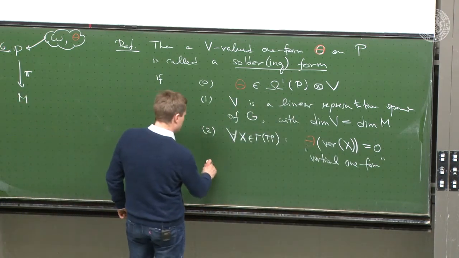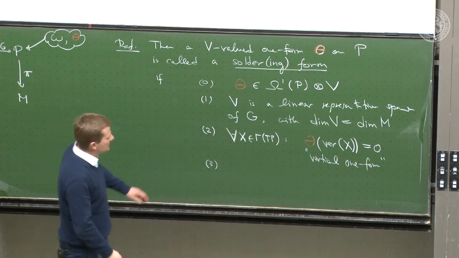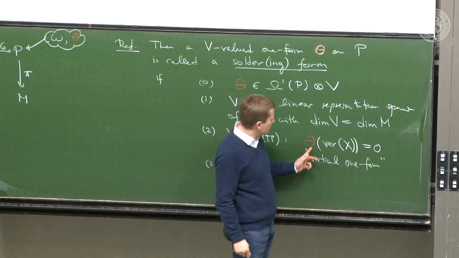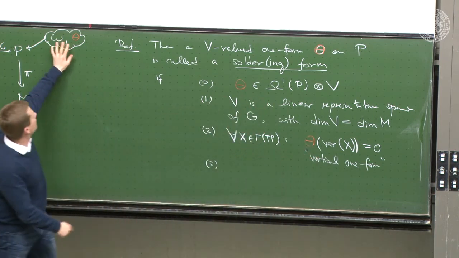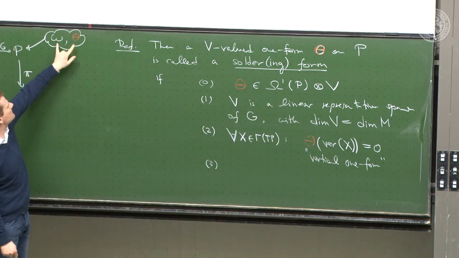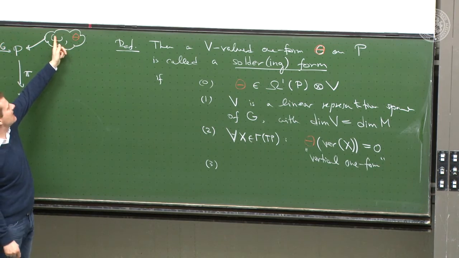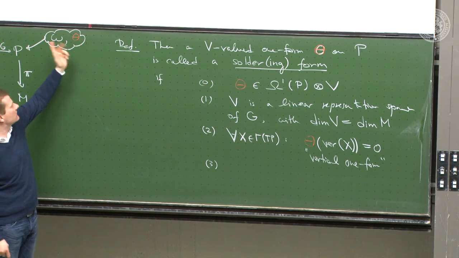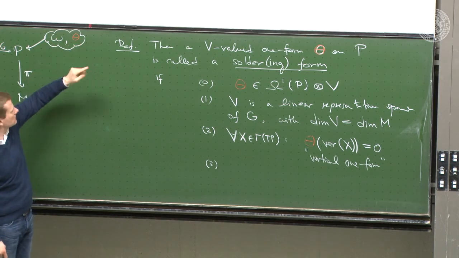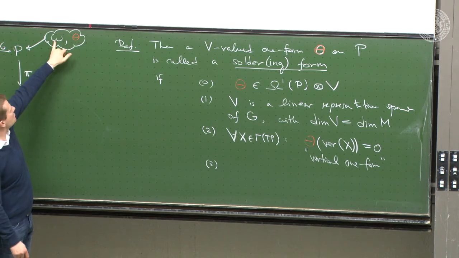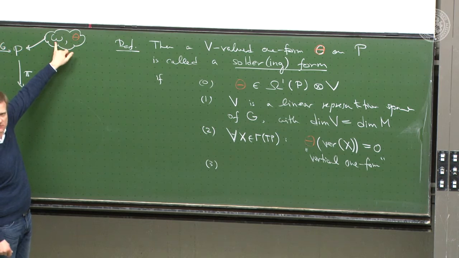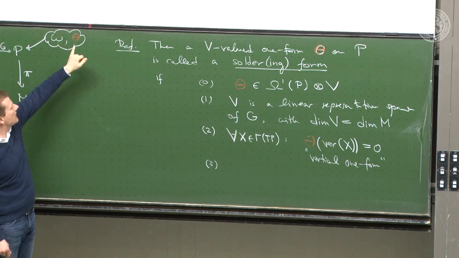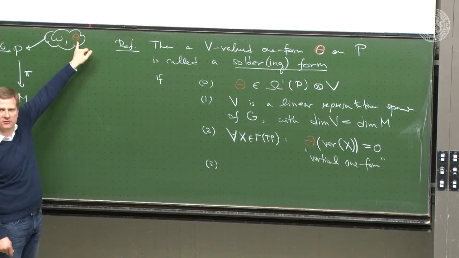The third condition is, and you see this is in stark contrast to the connection one form. So they're both one forms on the total space. This is Lie algebra valued, but this is linear representation space valued of this Lie algebra, different destination, okay? This one vanishes on the horizontal vector fields and doesn't vanish on the vertical ones, on the non-zero vertical vector fields. This one vanishes exactly on the vertical vector fields.